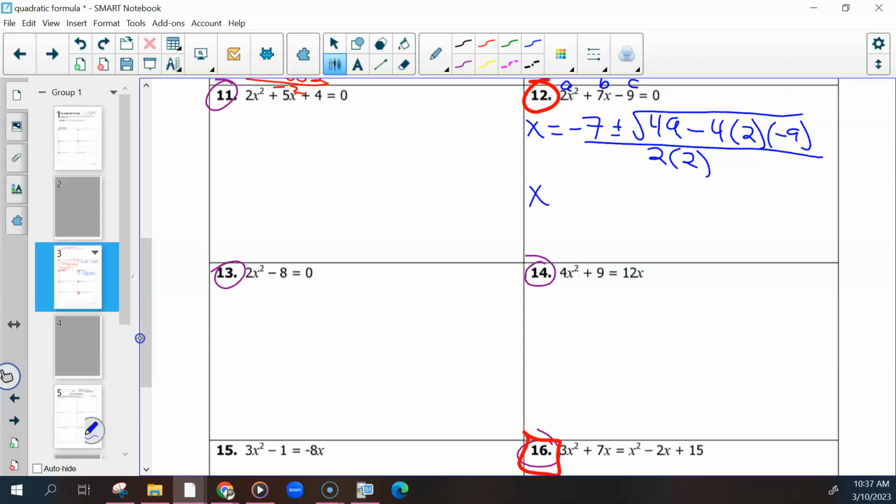And start to simplify. We have 49. What's negative 4 times 2 times negative 9? Double check that. Positive 72.